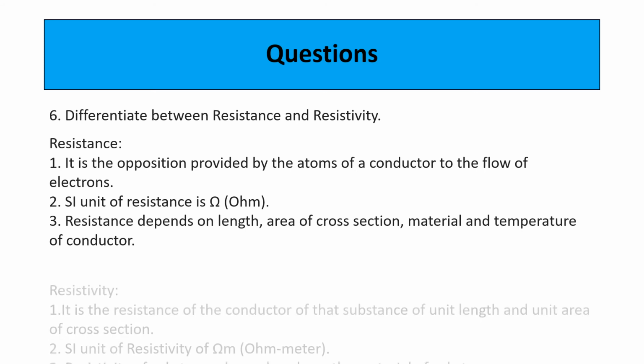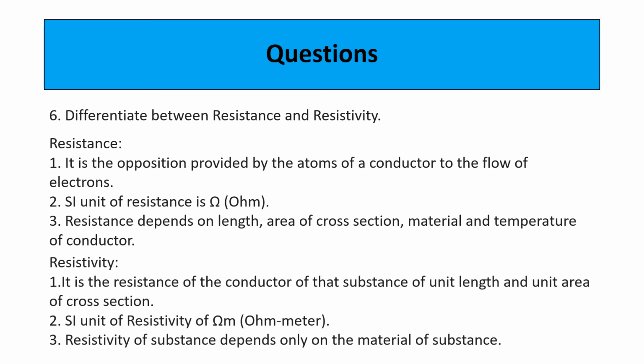What is resistivity? Resistivity is the resistance of a conductor of that substance of unit length and unit area of cross section. That is resistivity.